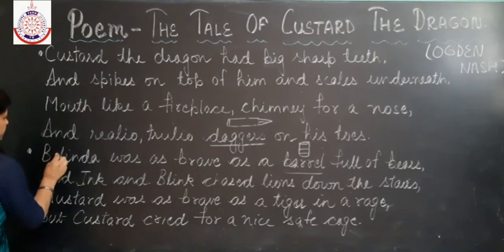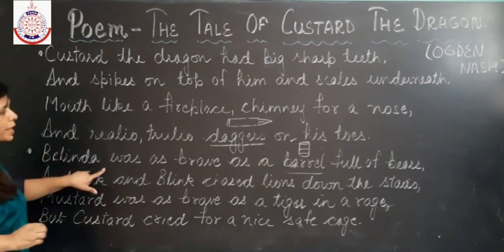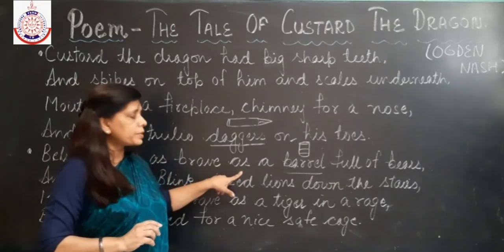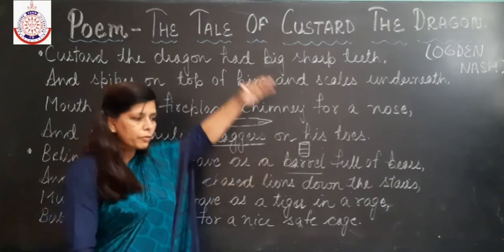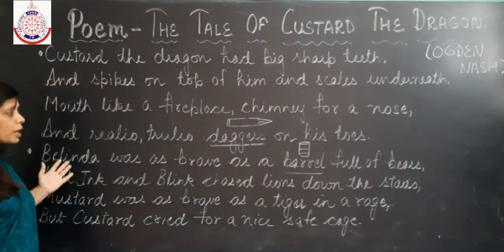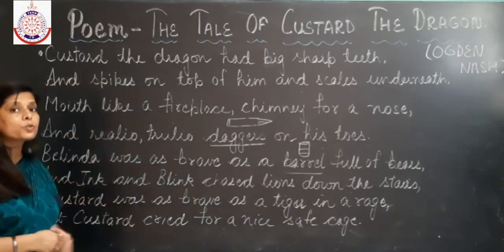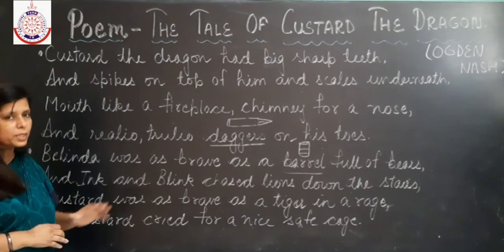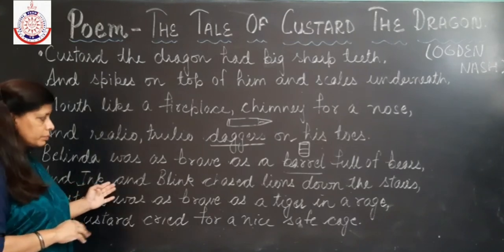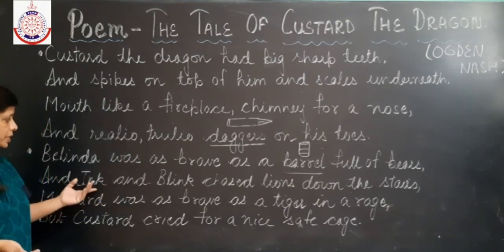Belinda was as brave as a barrel full of bears. Now a barrel is a big one like this, right? And they are saying Belinda is brave like so many bears together. Barrel full of bears. This is just exaggeration, right? And Ink and Blink. Here also there is exaggeration.